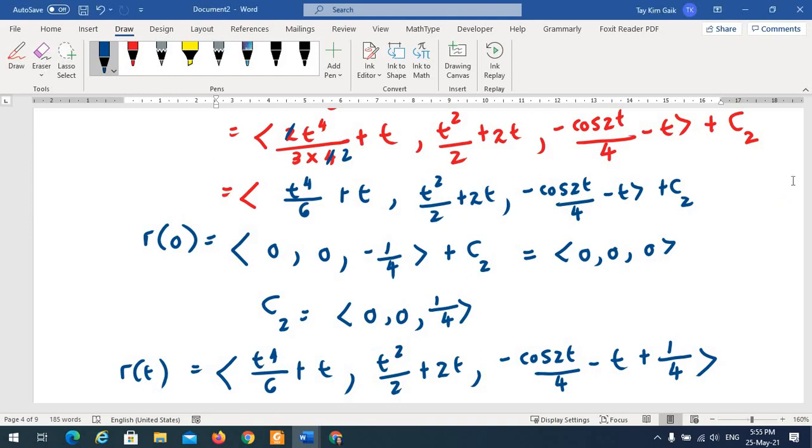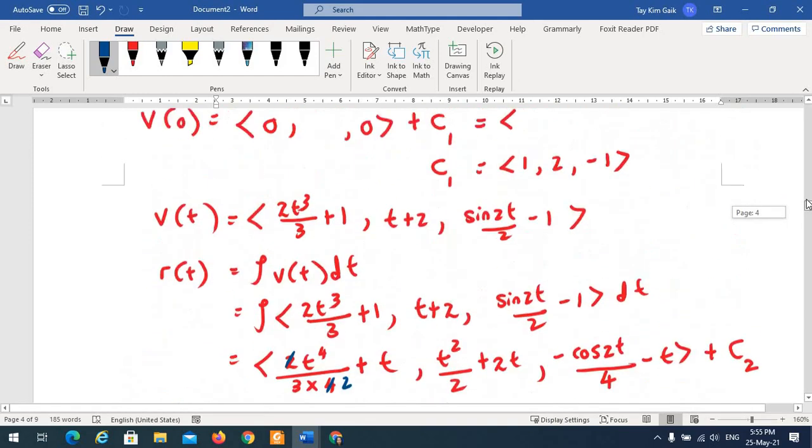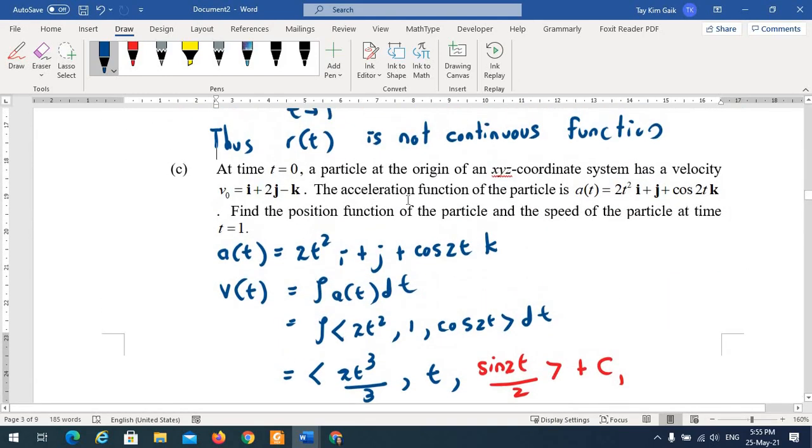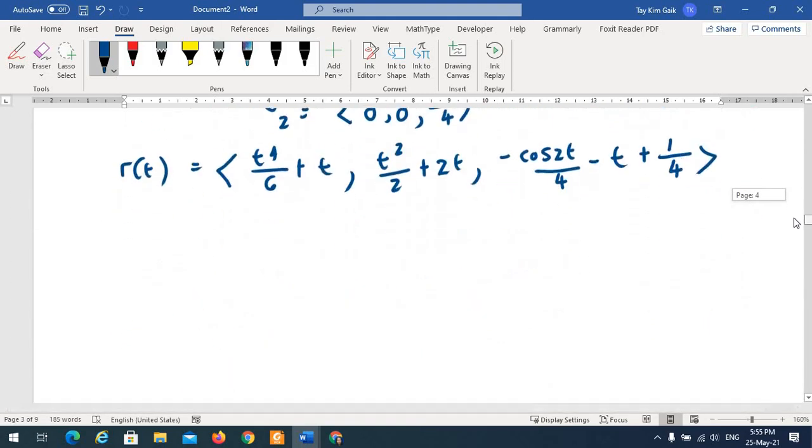And the question 1: find the position function of the particle and the speed of the particle at time t equal to 1. So we want to evaluate at t equal to 1.